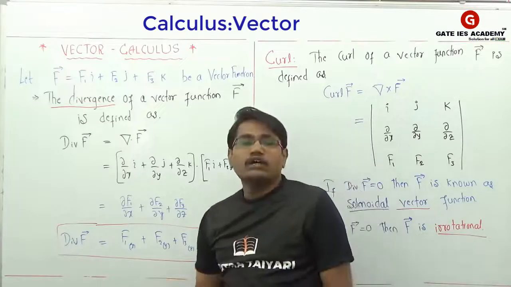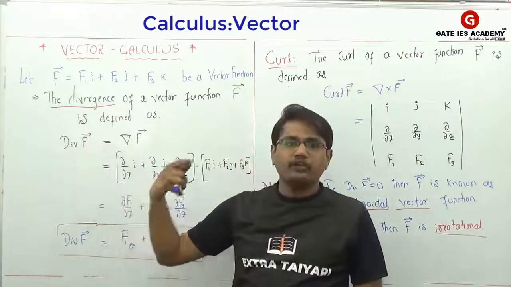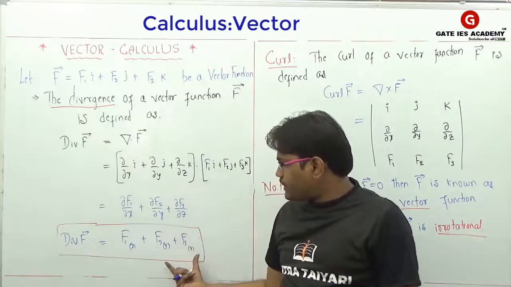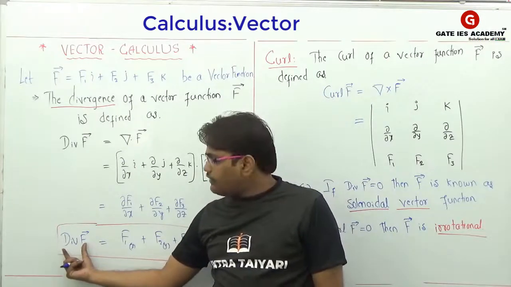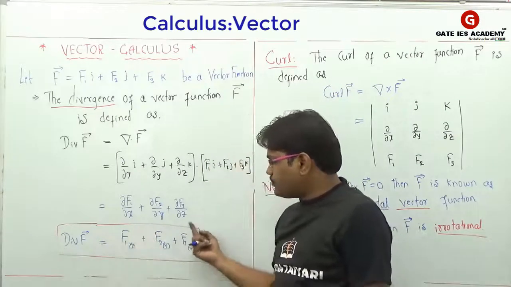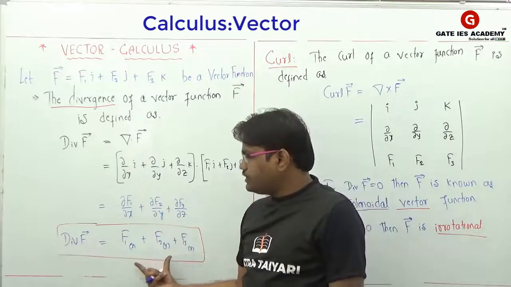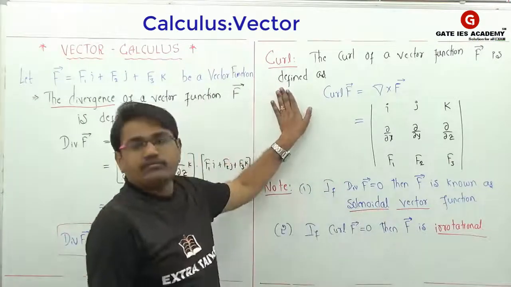Now what is the curl of a function? This is the divergence operator. Earlier we saw the gradient operator. The divergence is again a scalar function. F bar is a vector, but the divergence of f bar is a scalar function, because here there are no i, j, k. This is not a vector. Now what is a curl?